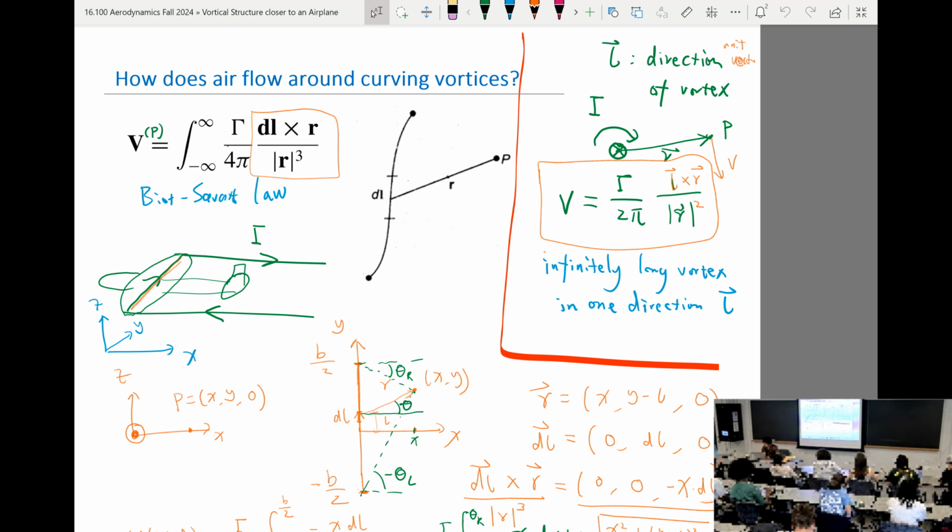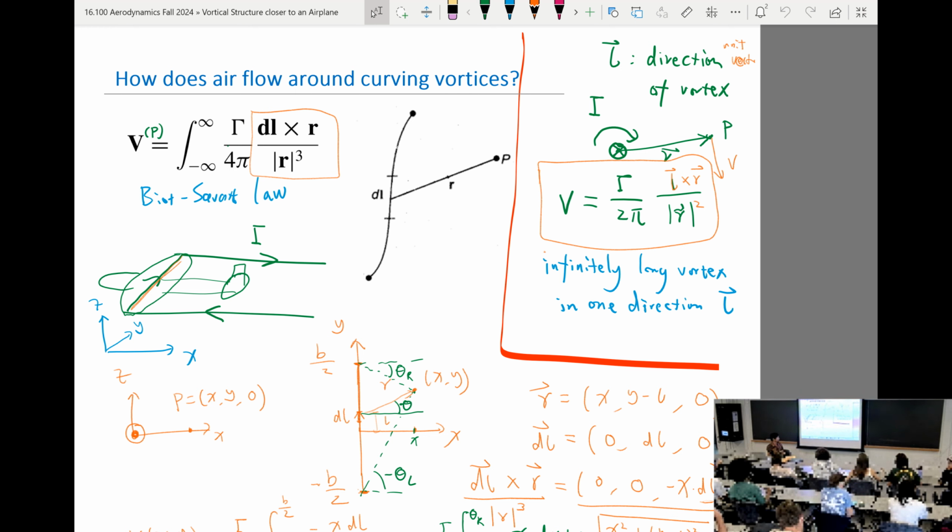So r has x component x, y component y minus L, where L is the current coordinate of that small segment, and z we know is 0. And dl as a vector has x equal to 0, y equal to dl as a scalar, and z equal to 0. Any questions on these coordinate forms of the vectors?